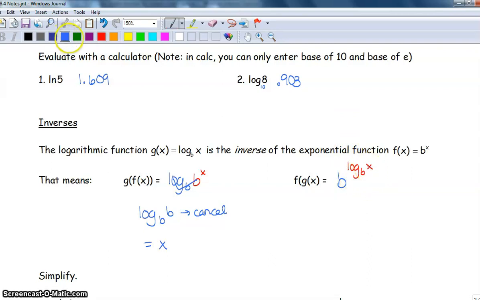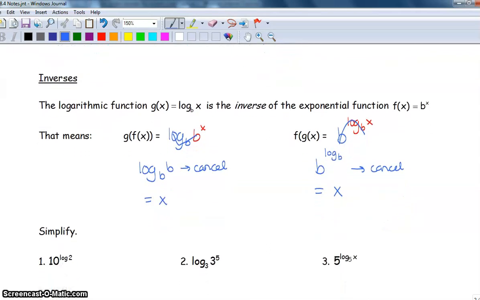And once again, we know that this has to equal a positive x because they are inverses, which means this has to cancel out. So anytime you have the base raised to the log of the same base, that's going to cancel out.